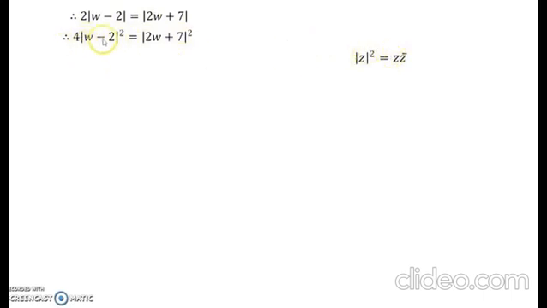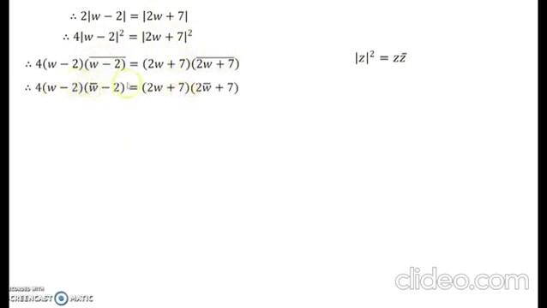By using that, on the left-hand side I have |w − 2|², which we can express as (w − 2)(w̄ − 2). In the same way, on the right-hand side |2w + 7|² will be written as (2w + 7)(2w̄ + 7).